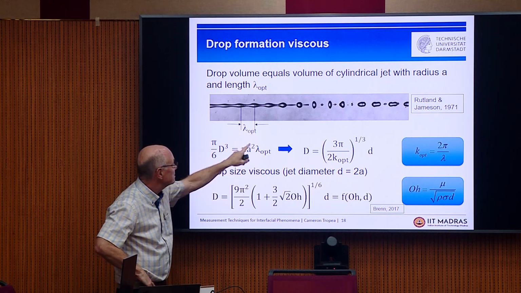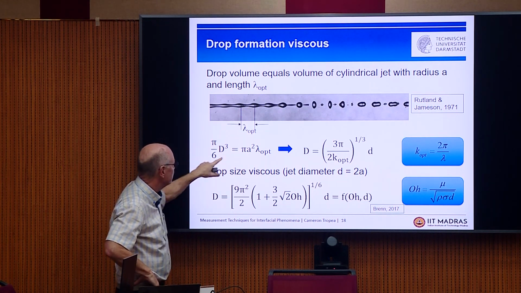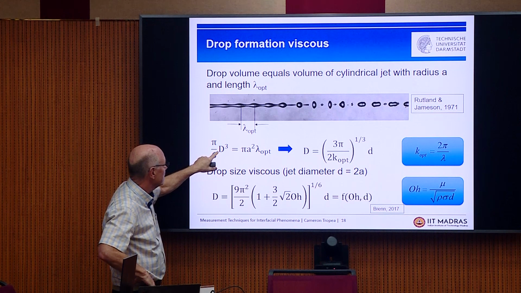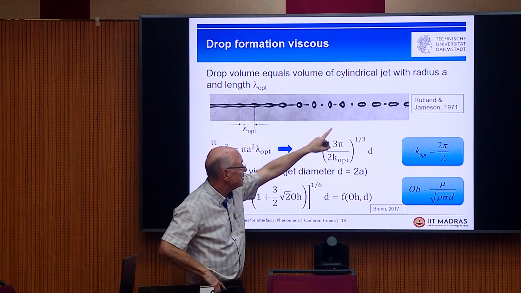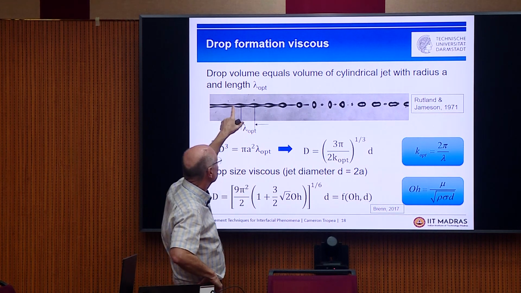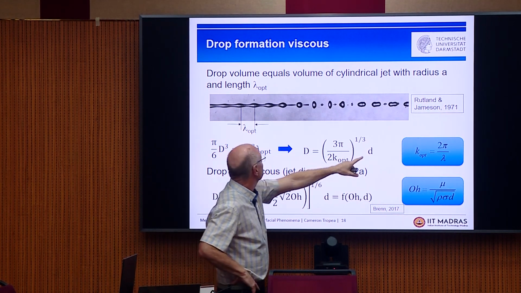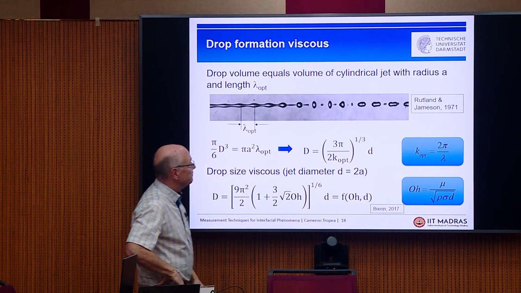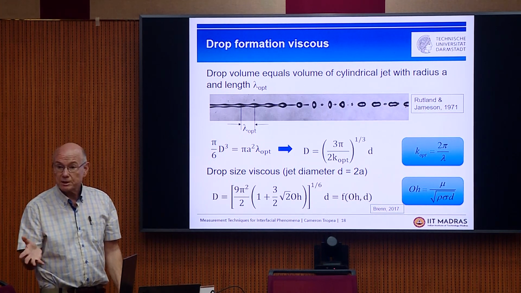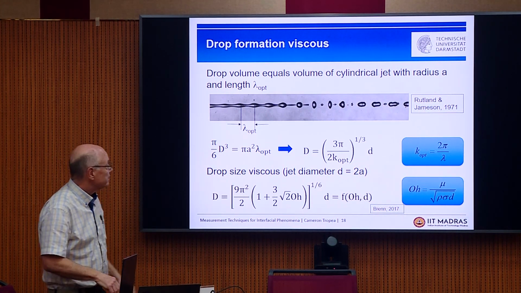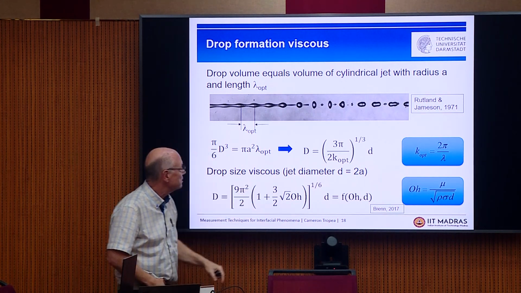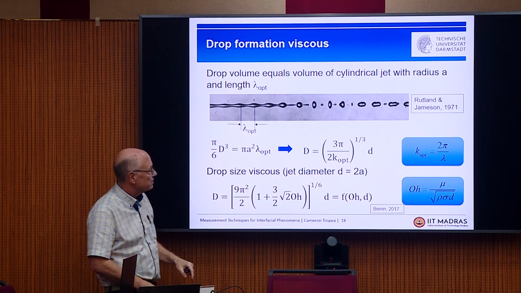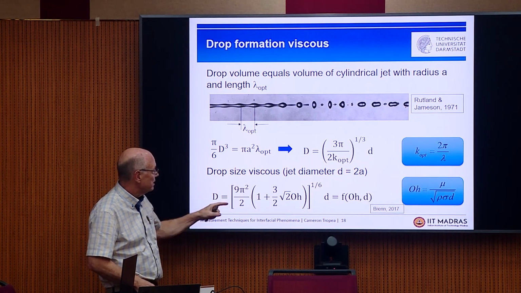So here's the volume from here to here, and that's the volume of the drop that comes out. And so you solve for d, and you can see now you can solve exactly how big each drop is given an initial diameter of the jet. So you can see a small jet will make smaller droplets, a big jet bigger ones. How big that is depends on this K optimal, and we will learn how big that is now.